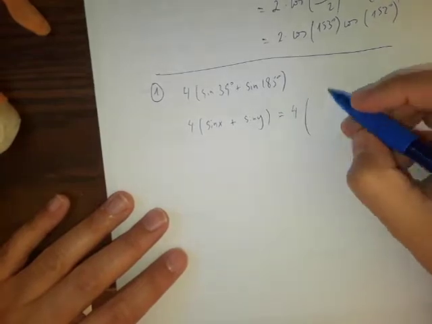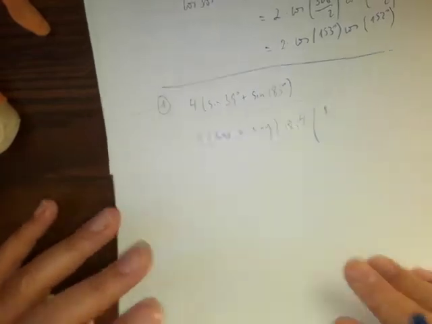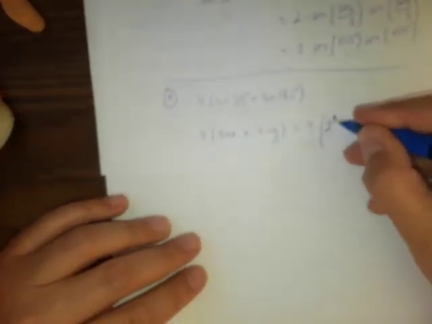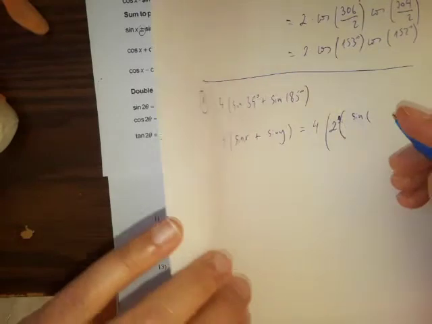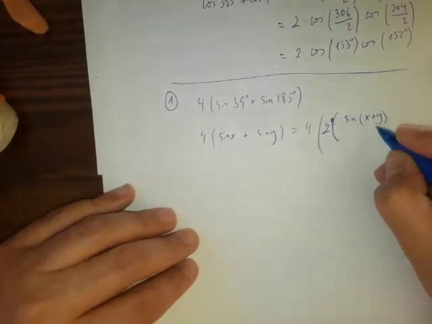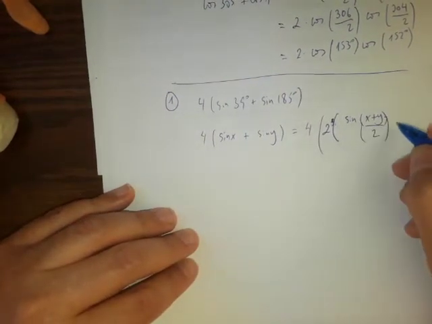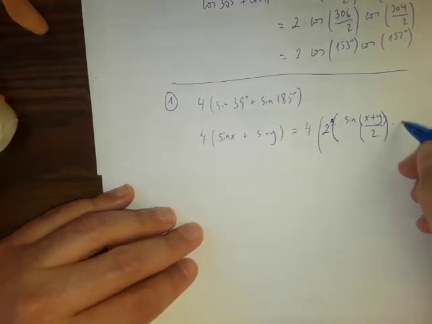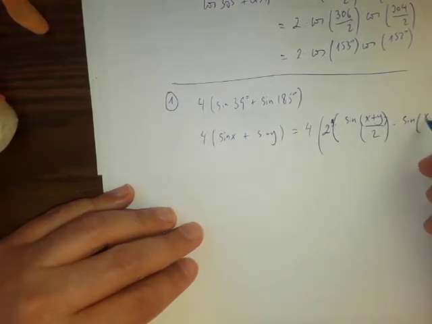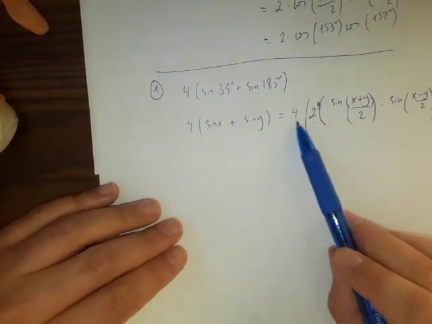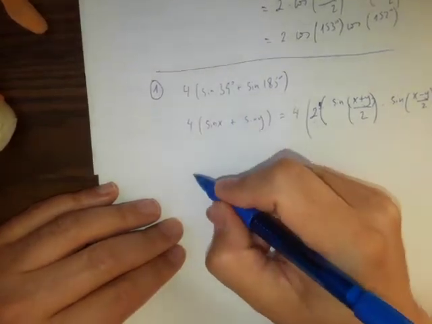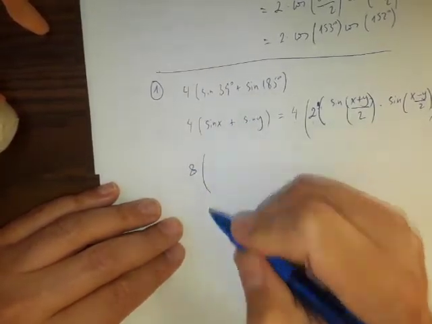Equals 4 times sine, sorry, it's a 2. We have a 2, yes. 2 times sine of x plus y over 2, times sine of x minus y over 2. Okay, now from here we can see that 4 times 2 is going to be 8, so we're going to have 8, and then we're going to substitute.